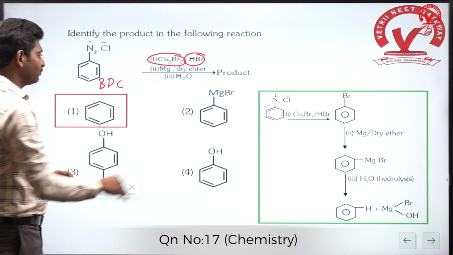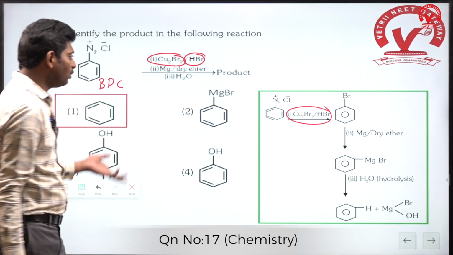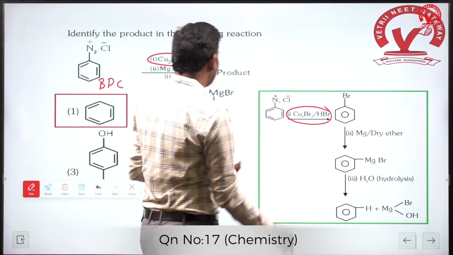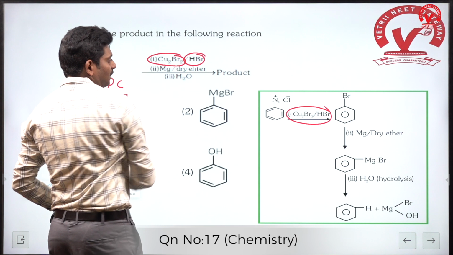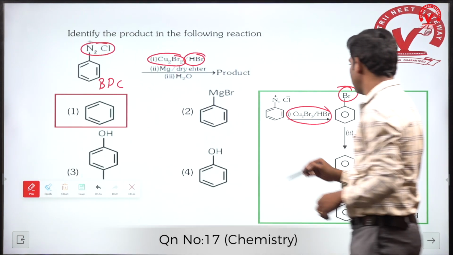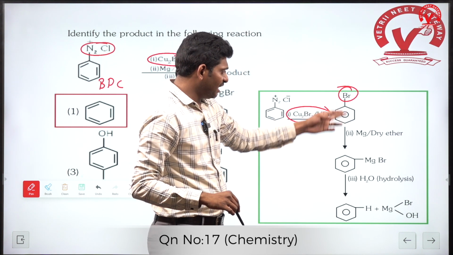So first what happened? Cu2Br2 by HBr means Sandmeyer's reaction. So in that, bromide will attack on this one. In place of N2, Br will form. Right? Phenyl bromide will form.